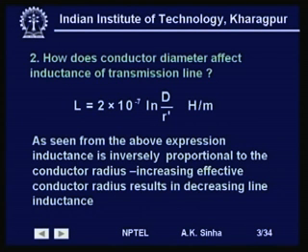Now, from this expression it is very clear that inductance is inversely proportional to r dash, or the effective radius of the conductor. So, increasing effective conductor radius will result in decreasing line inductance, and that is why, as I said earlier, sometimes we use expanded ACSR conductors for transmission lines, especially in extra high voltage transmission lines.